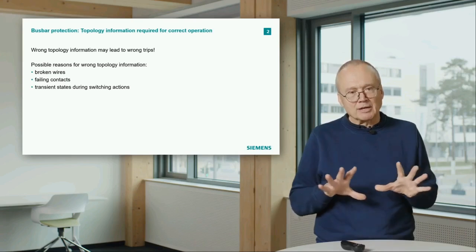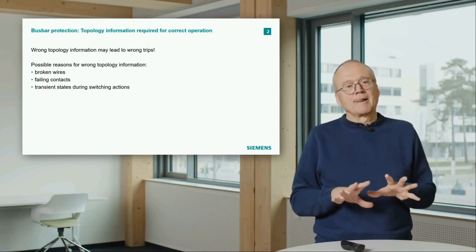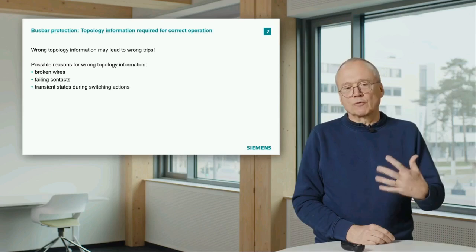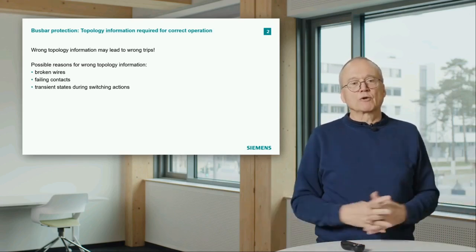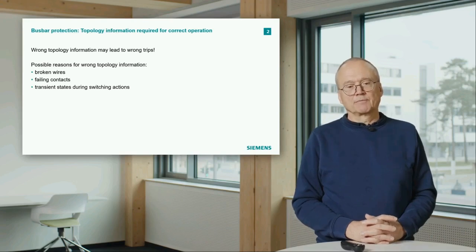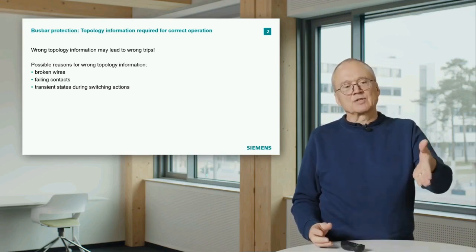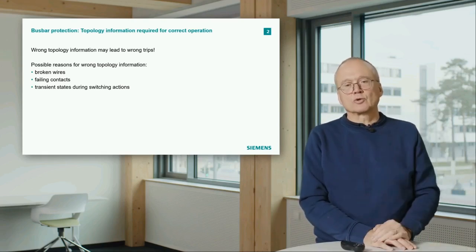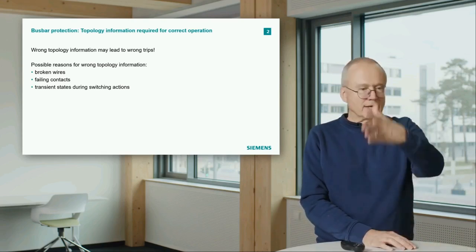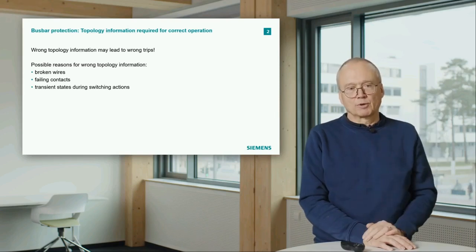That means we must implement in busbar protection a few good ideas to avoid wrong tripping just because of wrong topology information. Wrong topology information means the algorithm thinks the feeder is connected to the green busbar, but in reality it's connected, for instance, to the purple busbar.